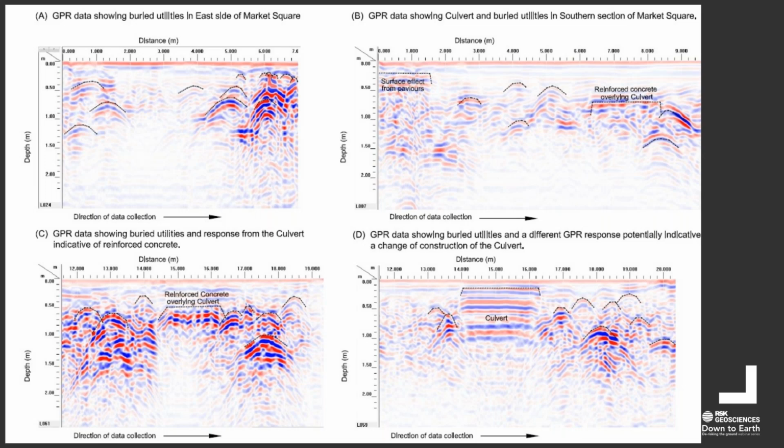GPR data is complicated, and whilst you have that real-time data when collecting it on site, which is great for having immediate information and on-site marking up of features, that's all good. In that scenario, undertaking a detailed interpretation of the data isn't really possible, especially in busy urban areas, brownfield sites, where those data responses you're getting on the GPR are quite complex, such as the examples you can see on screen.